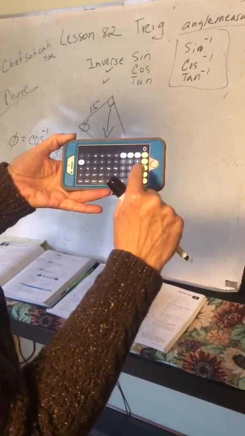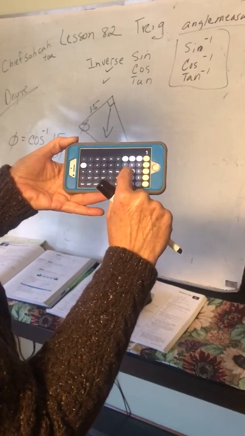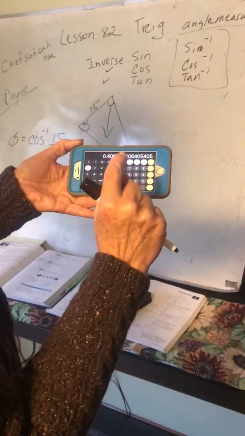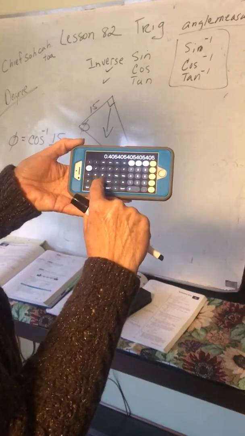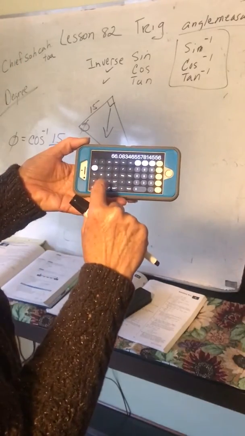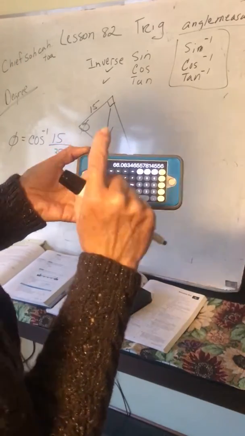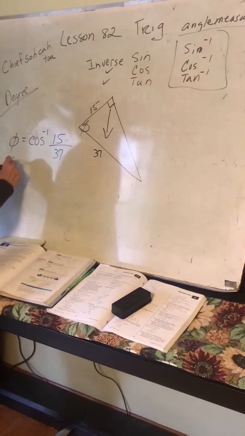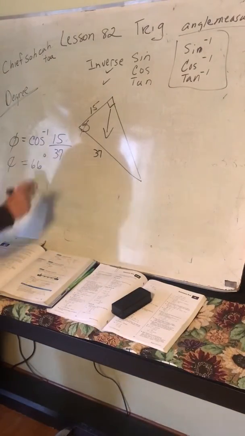Then we're going to do 15 divided by 37 equals, and then I hit the cosine exponent -1, the inverse cosine, and I get 66 degrees. This angle is equal to 66 degrees.